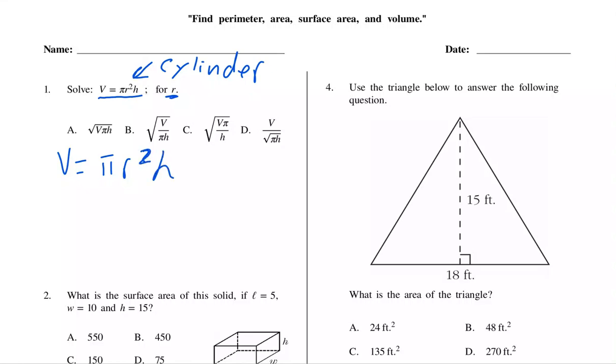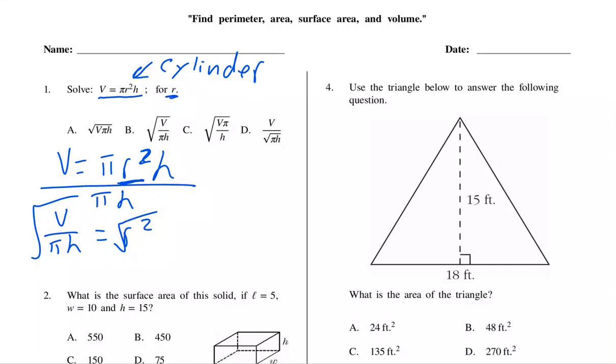To get my r squared completely by itself, I'm going to divide everything by pi h. When I do that, I get V over pi h equals r squared. Well, now we have to do the opposite of a square, so we square root both sides.